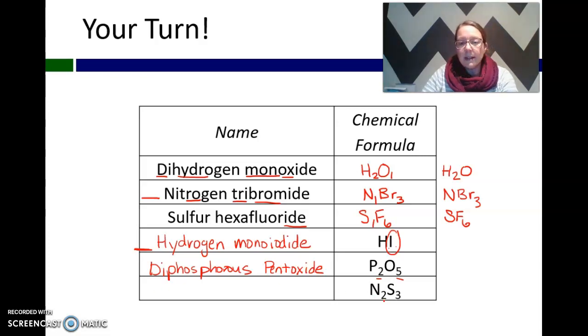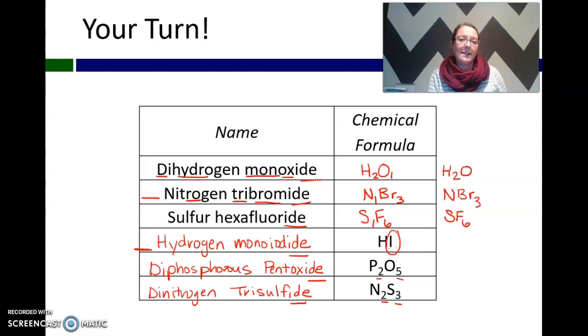And our final one has 2 nitrogens and 3 sulfurs, dinitrogen trisulfide. Ide, ide, ide.